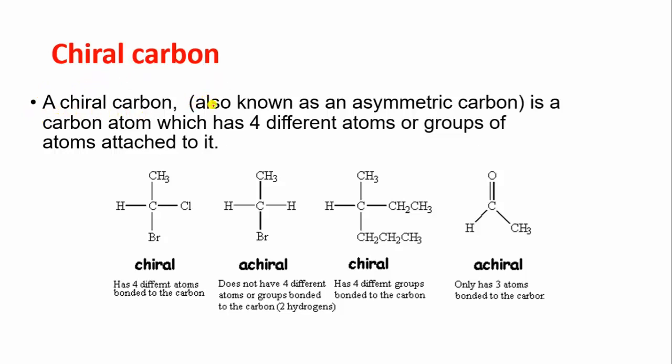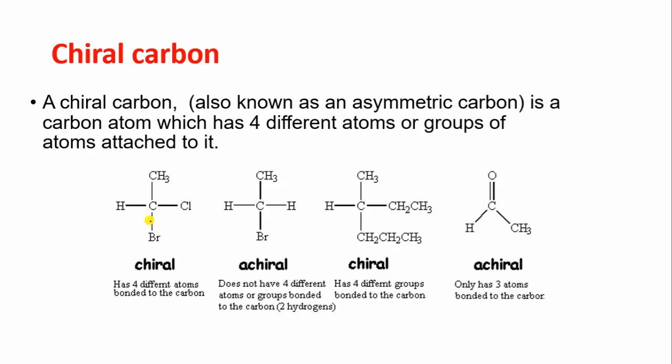A chiral carbon, also known as an asymmetric carbon, is a carbon atom which has four different atoms or groups of atoms attached to it. Means you have to remember, a carbon having four different atoms or groups is called a chiral carbon.